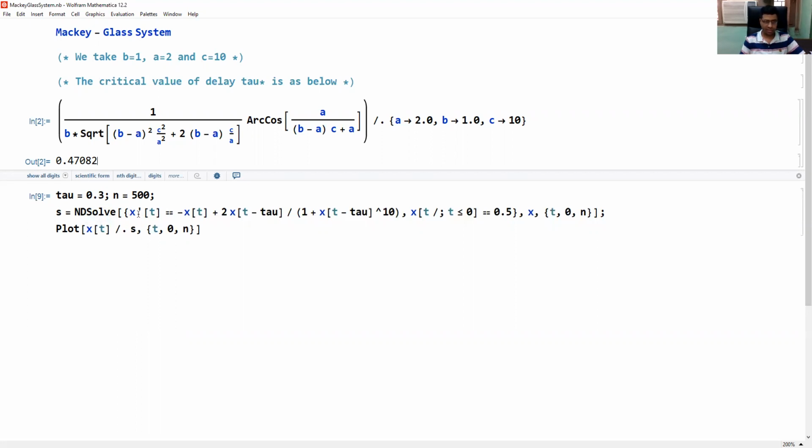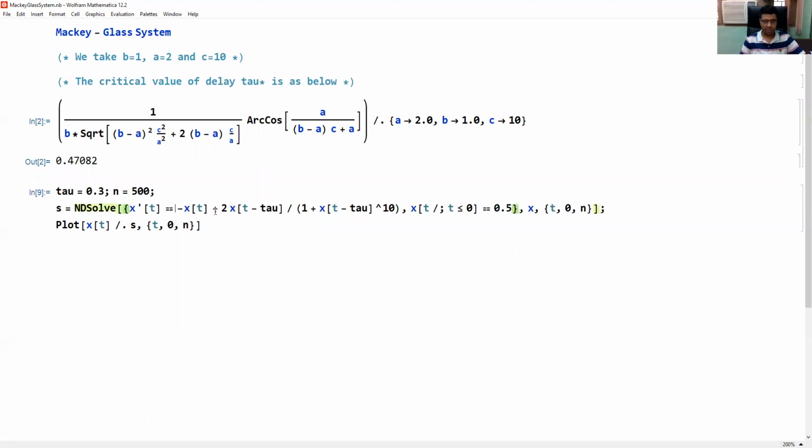This is our equation: x dash of t equal to minus x of t, since b is equal to 1, plus 2 times, this is a, 2 times x of t minus tau divided by 1 plus x of t minus tau raised to c. C is 10. Then this is the initial data. You may select any other data also.